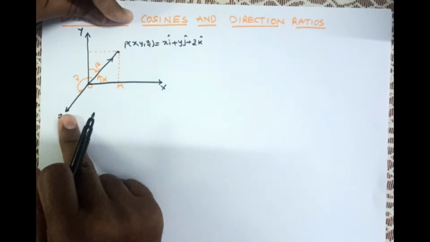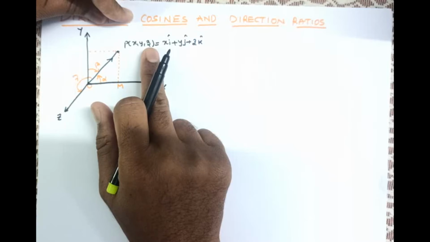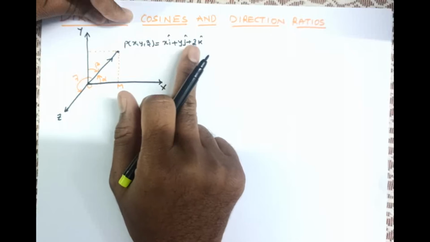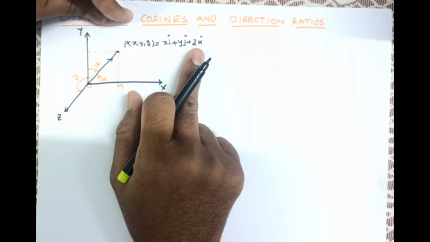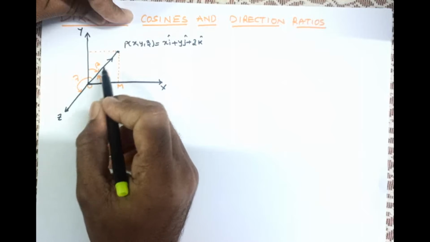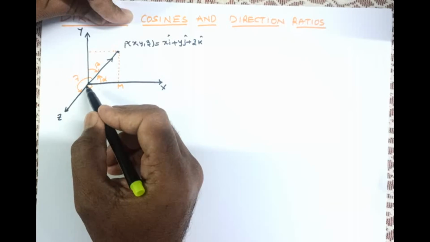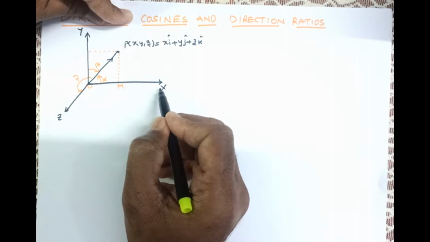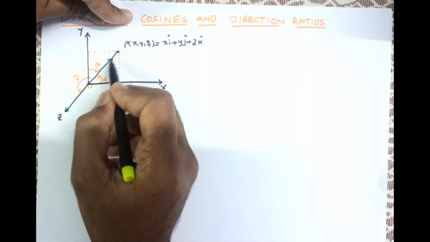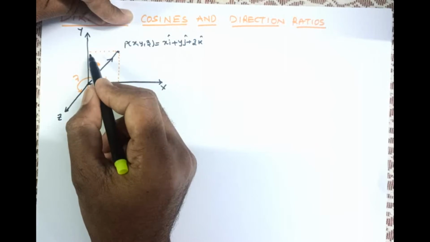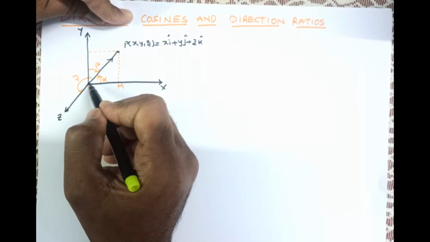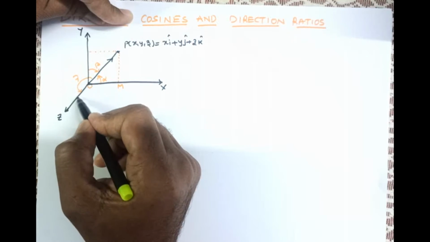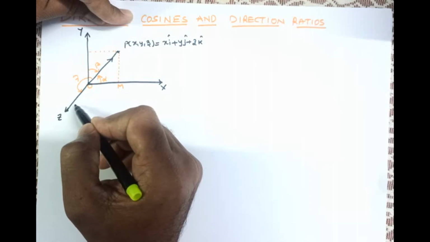Now let P(x, y, z) be any point in the xyz space. That point P(x, y, z) we can write as x i cap plus y j cap plus z k cap. Let us take the line segment OP bar, which is a vector. This vector makes an angle alpha with the positive x-axis, an angle beta with the y-axis, and an angle gamma with the positive z-axis.